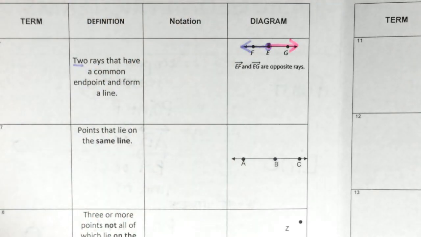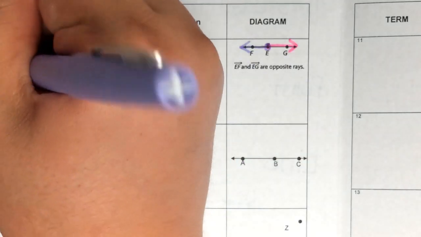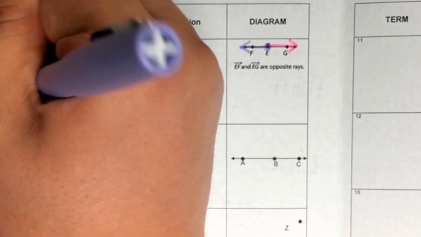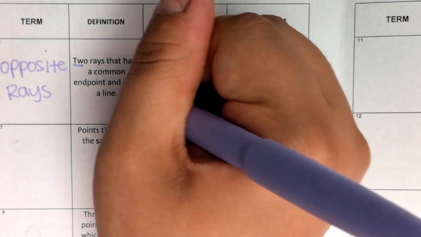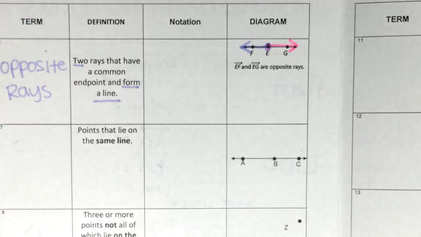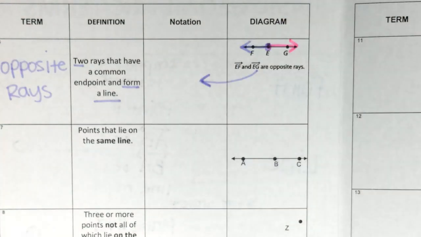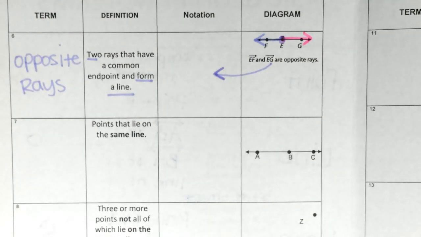Do you agree that there are technically two rays here? We call these opposite rays. And opposite rays create a line. And the notation they wrote right next to here, I'm just going to draw an arrow instead of writing it again. Opposite rays create a line.